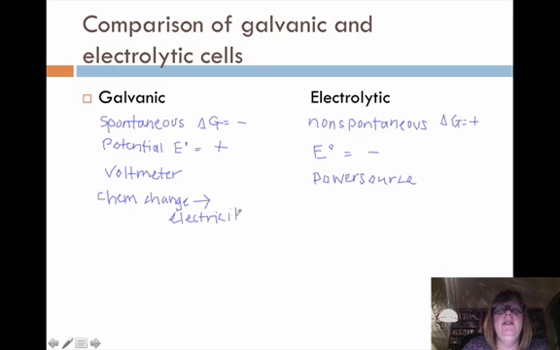And in an electrolytic cell, we are doing the opposite. We are using electricity to produce a chemical change. All right, so yeah, they're pretty much opposite, aren't they?